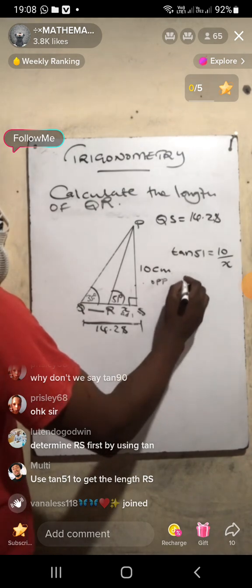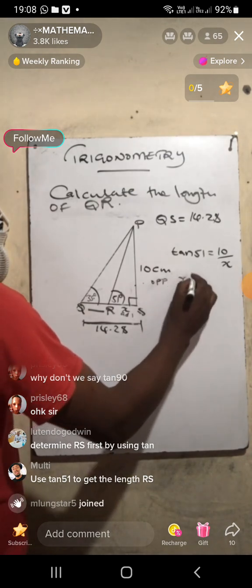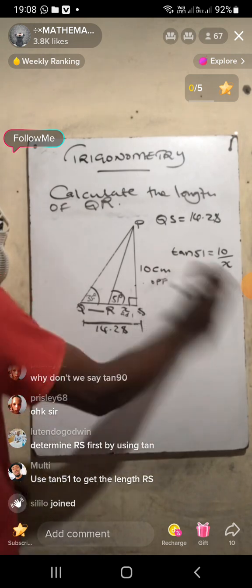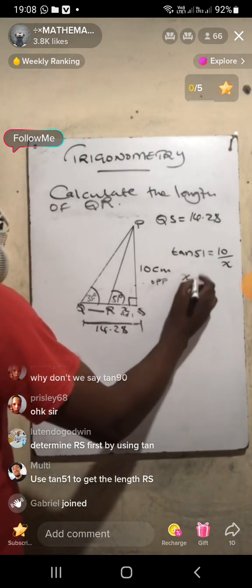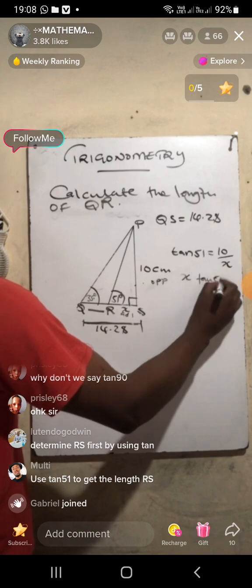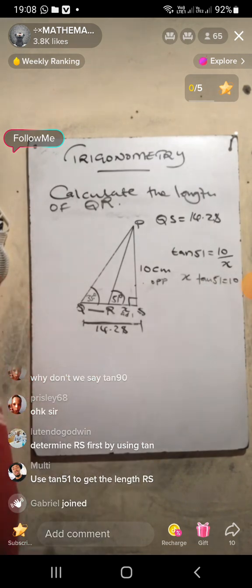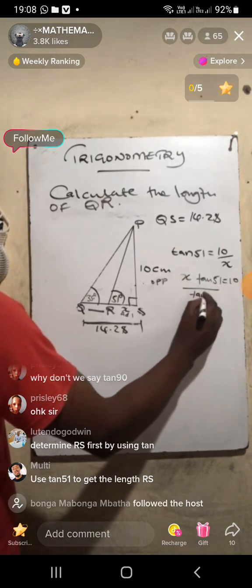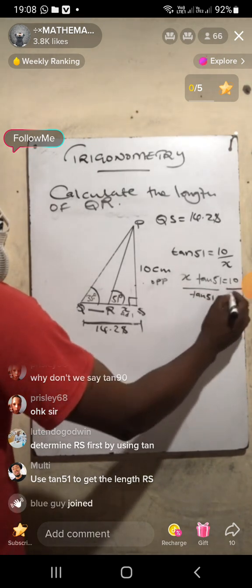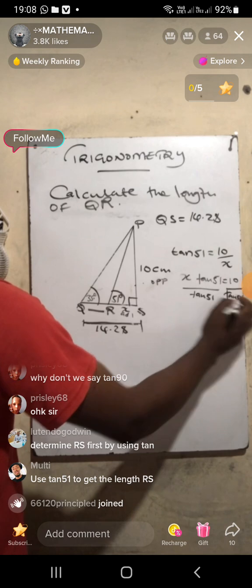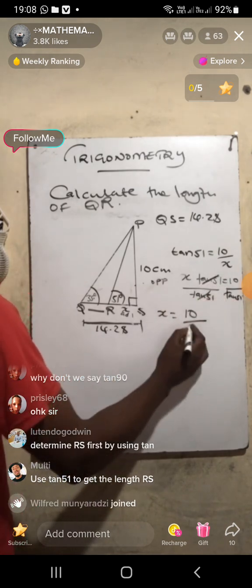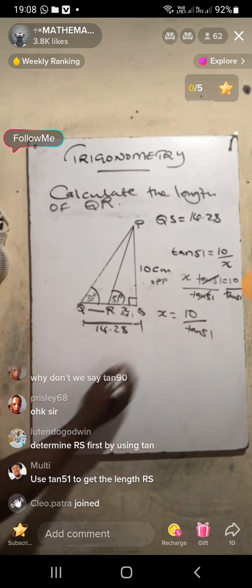It will be x tan 51 is equal to 10. Then we divide by tan 51 on both sides. Then x is equal to 10 over tan 51.